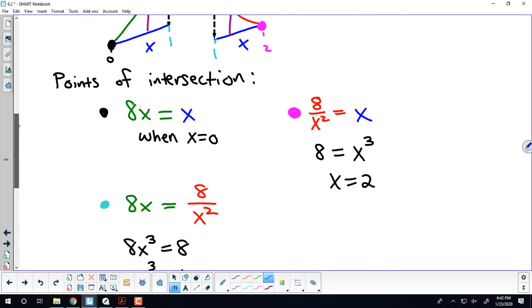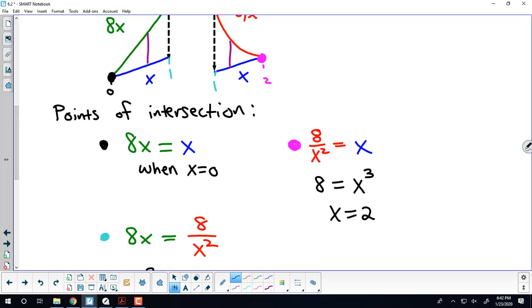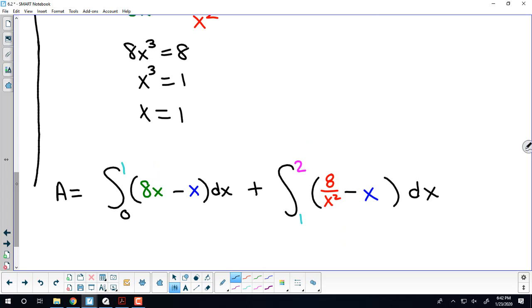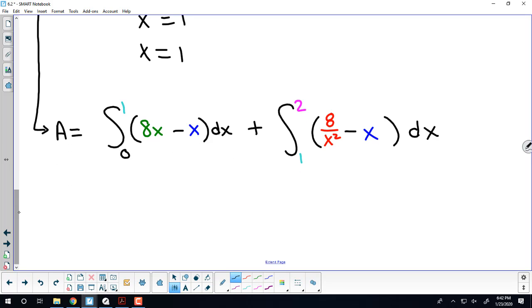I'm just going to draw this here. All right. So we could just call that first one 7x. How do we integrate 8 over x squared? Make it 8 x to the -2. Right, we just turn it into a power.